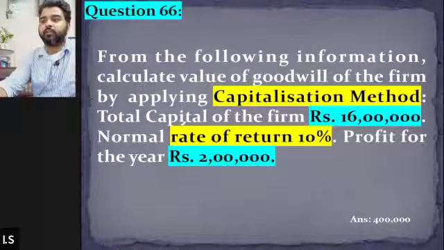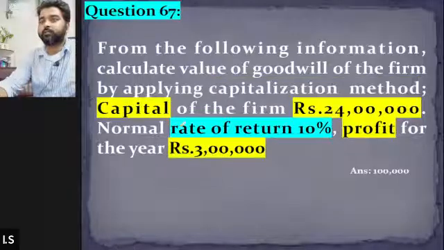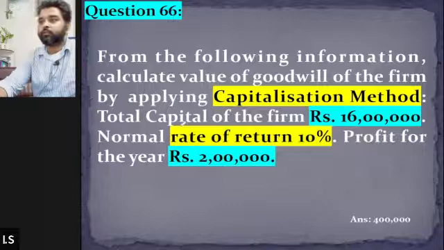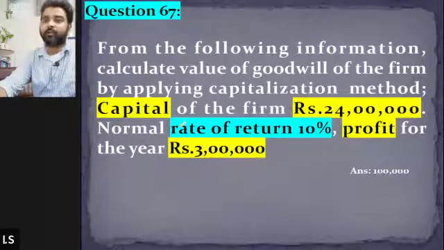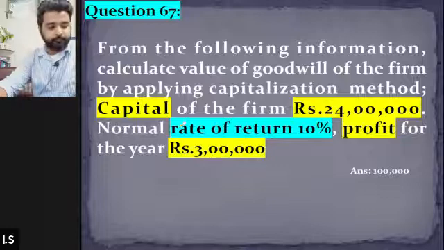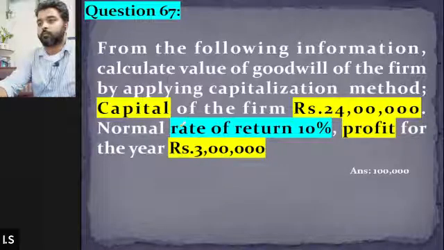We were discussing question number 66, and I gave you one question for your homework as well, question number 67. First of all, tell me whether you have done question number 67. You got the answer 1 lakh by the capitalization of super profit method or not? Sir, I got 6 lakh. You got 6 lakh by the super profit method only.